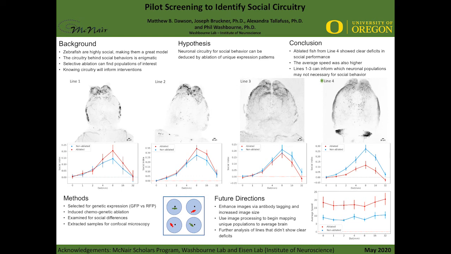And also using image processing to begin mapping these unique populations onto an average brain, which will allow for a visualization of what this circuitry may look like. Lastly, further analysis on fish that did not clearly exhibit deficits in social behavior to see if there were any more nuanced differences that the eye can't pick up.